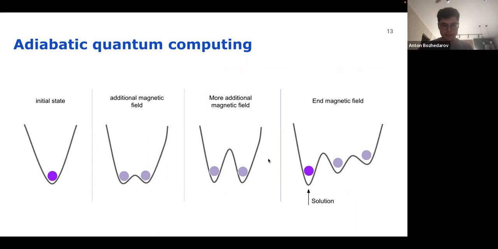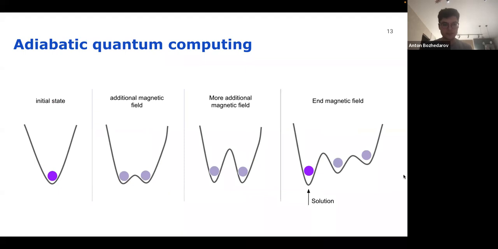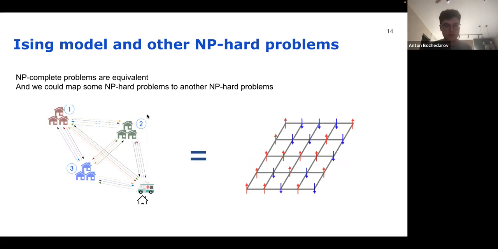What's the general idea behind using such a field? When we have a magnetic field here, we could describe it using some energy function. And we could encode any computationally hard or NP-hard problems as a special kind of magnetic problem, where we have to restore the direction of spins in the lattice.